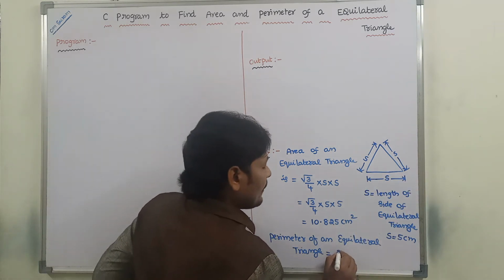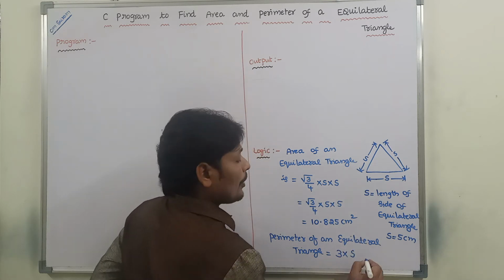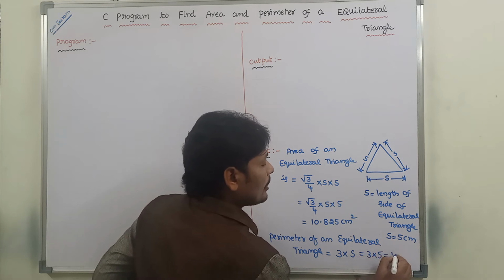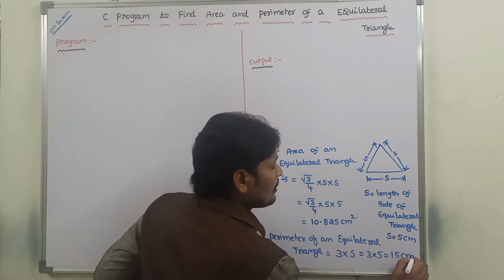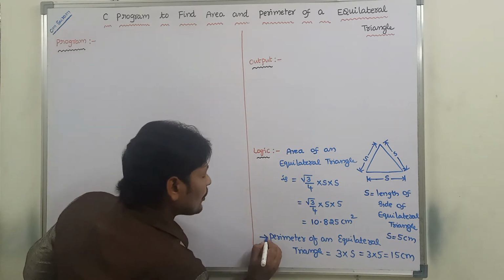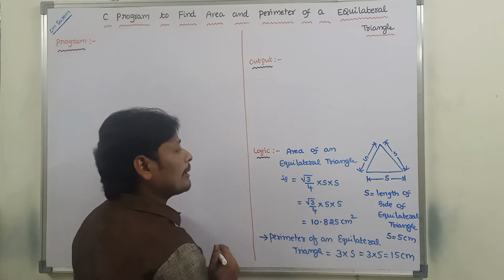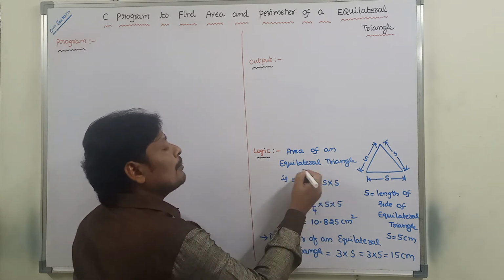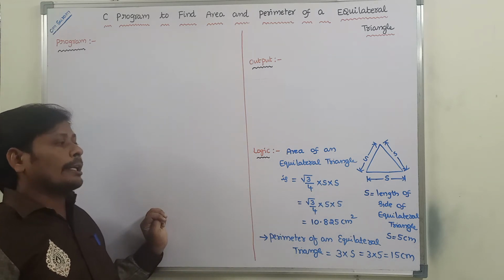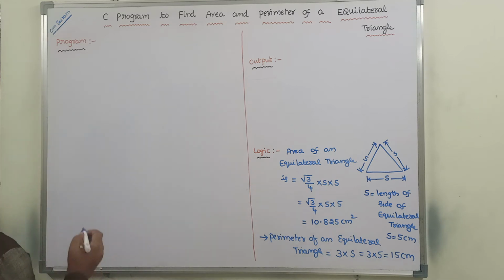This can be written as 3 into S. So that is 3 into 5, which is equal to 15 centimeters. This is the formula we have to use for calculating the perimeter of an equilateral triangle, and this is the formula we have to use to calculate the area. Now we can go to the program.